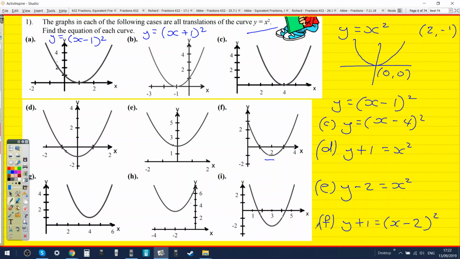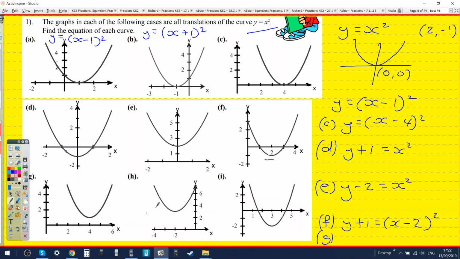Wait, so y plus 1, why is that y plus 1? The y went down by 1, so it's y plus 1. And it went right 2, so it's x minus 2. So it's always the opposite sign, because you bring it across the other side. What if minus 2 is outside the bracket, so x close bracket minus 2?